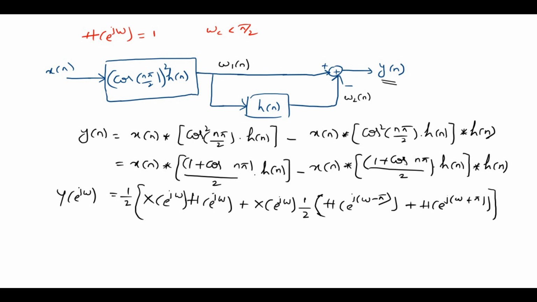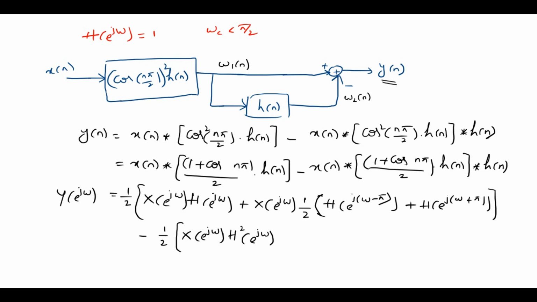Next, the second term is minus 1 by 2. The first part is x of n convolved with h of n convolved with h of n again, so that is x of e power j omega times h square of e power j omega.